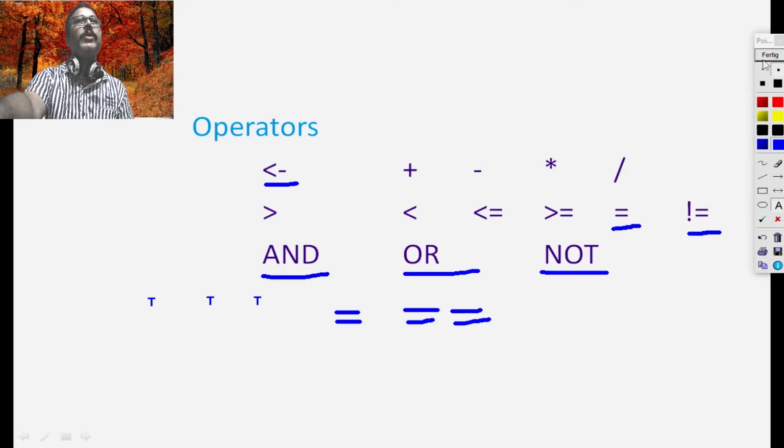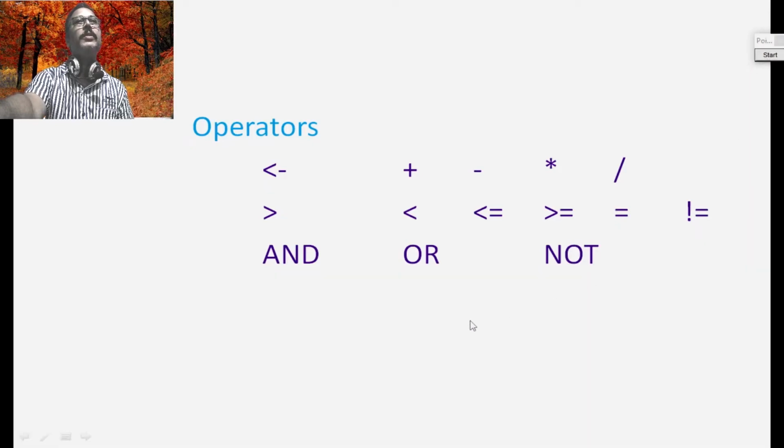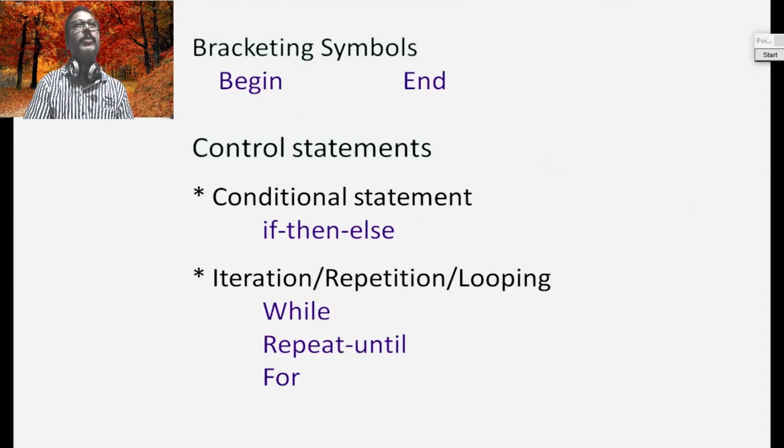They have that natural meaning. We are not in the medicine field. We are in engineering, so in engineering these words and symbols take their natural meaning. Now bracketing symbols.